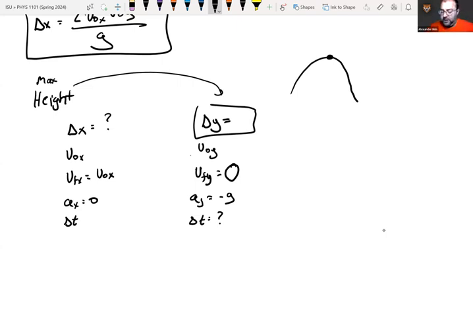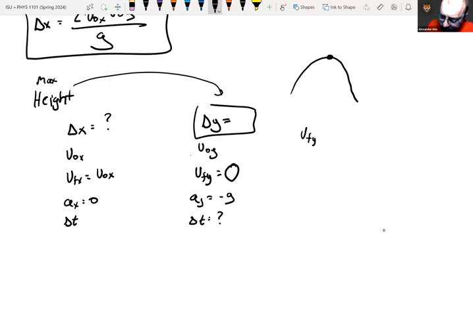So we would need to have v naught y. Actually, we'll solve for delta t first. I think that's easier. We could do this a number of different ways. Well, we can solve for delta y. That's fine. Actually, let's just solve for delta y.